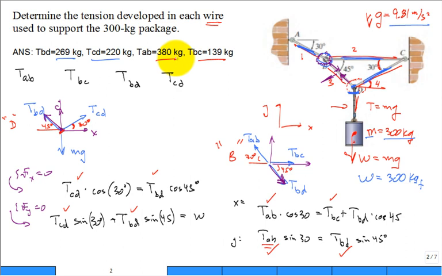Now, somebody says, let's make it more complicated. Why can't we do a free body diagram of C? You can, but when you do it, I like to think of making an enclosing circle around the ring at C. And anything I cut through, I have to replace or put into my free body diagram.